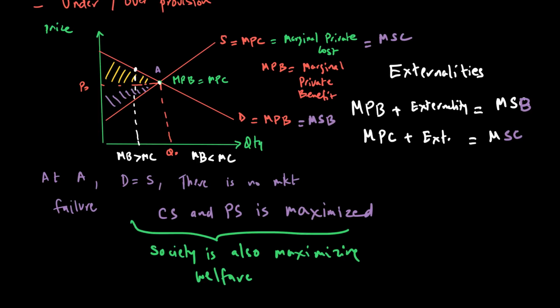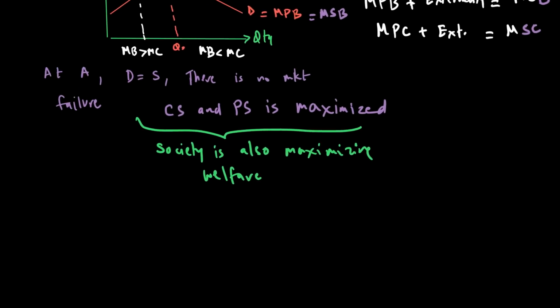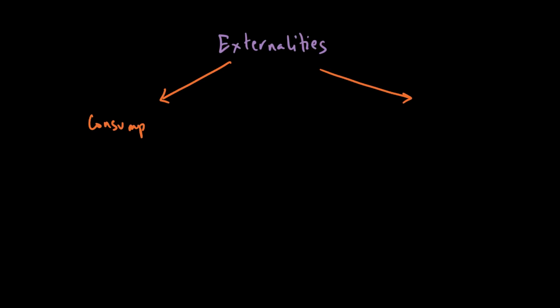So let's just move on to externalities. Externalities are of different kinds. First of all, externalities can be of consumption and of production.